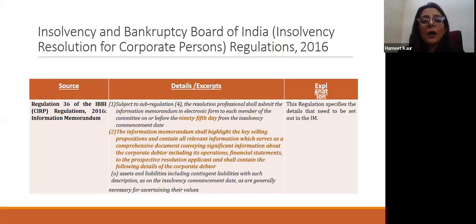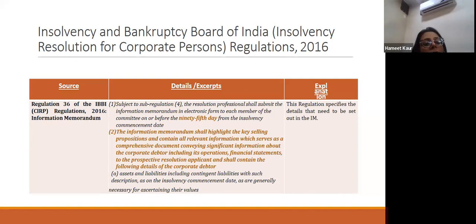So now let's come to the CIRP regulations and the contents of the IM, because section 29 subsection 2 always talks about such relevant information as may be specified by the Board. So let us go through what the Board has specified. Regulation 36 of the IBBI CIRP regulations talks about the Information Memorandum.